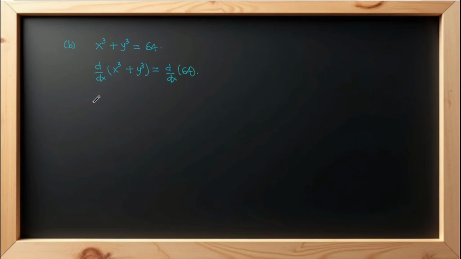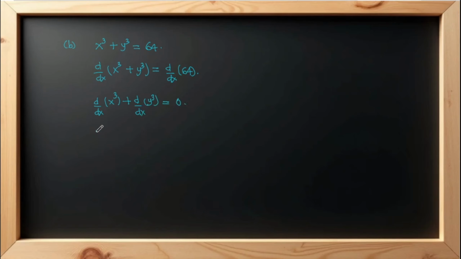Then distributing on the left hand side we have d/dx of x cubed, we can close it, plus d/dx of y cubed. This will be equal to, now the derivative of 64 is 0.